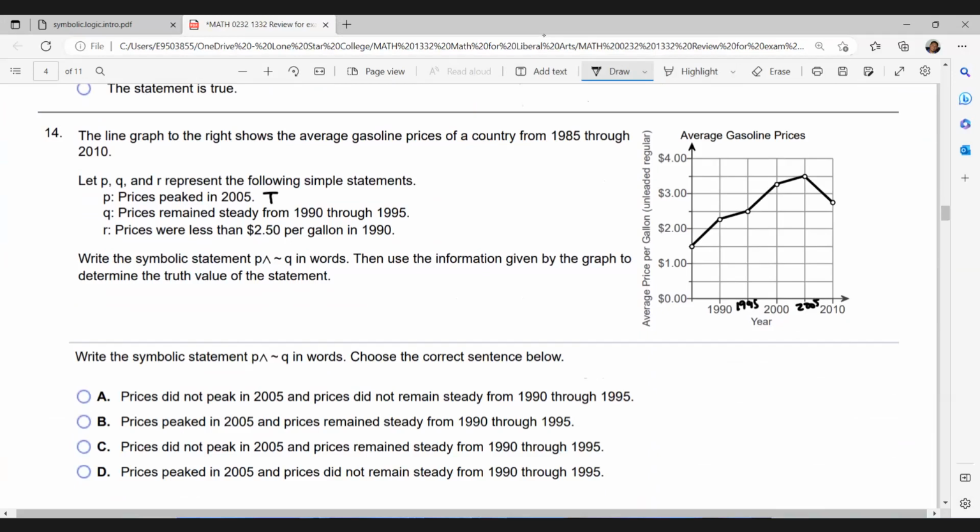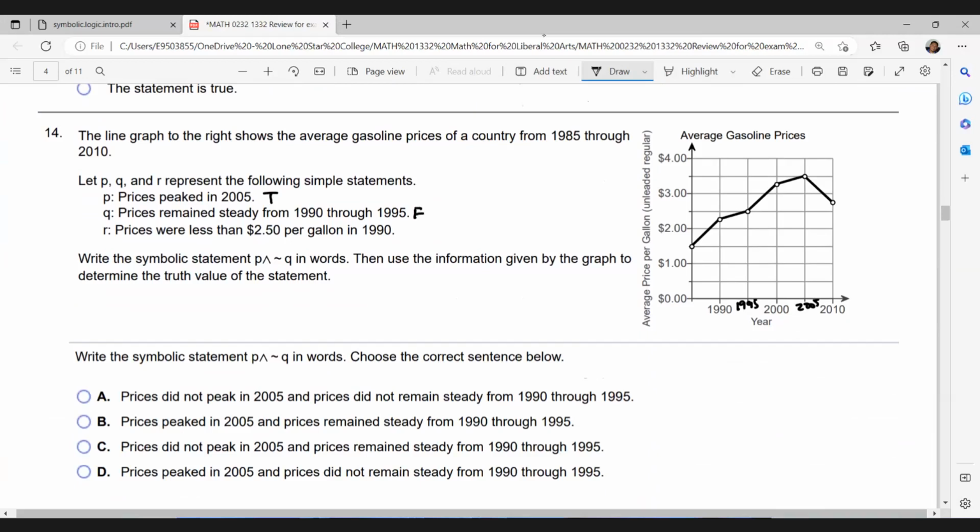Q, prices remained steady from 1990 through 1995. That is a lie, because by looking at this part of the graph, the prices actually increase. So therefore, that will be false.